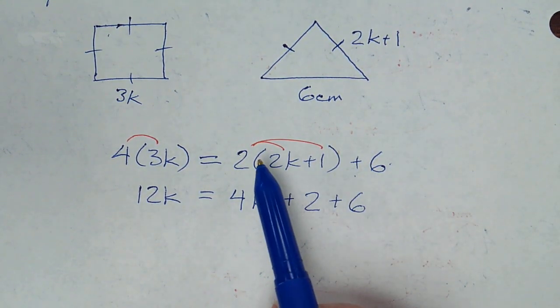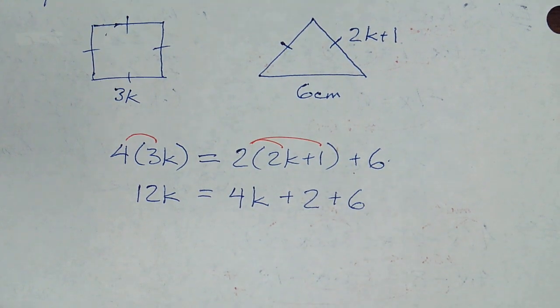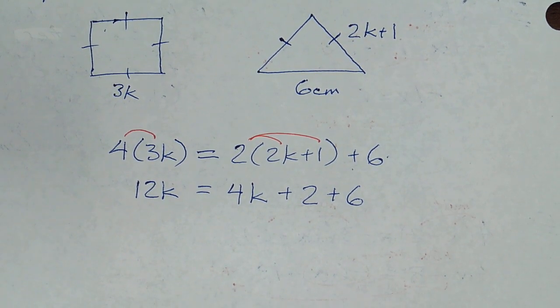Remember, I don't multiply the 2 to the 6 because this is the end of my bracket. But you should be copying down notes right now. I want to see your notes at the end of the lesson.